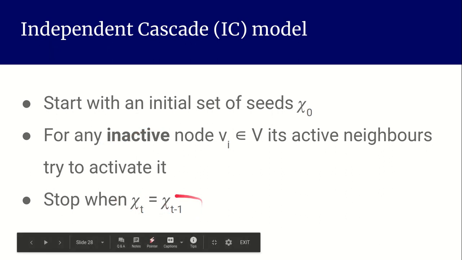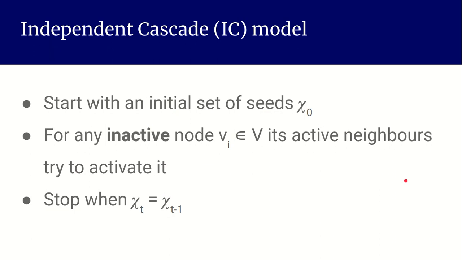So this is the same criterion as in the previous one, but here we have currently activated nodes and previously activated nodes, and we don't have an activation function depending on theta, but you can rewrite the independent cascade using the notation of the tipping model, or vice versa.